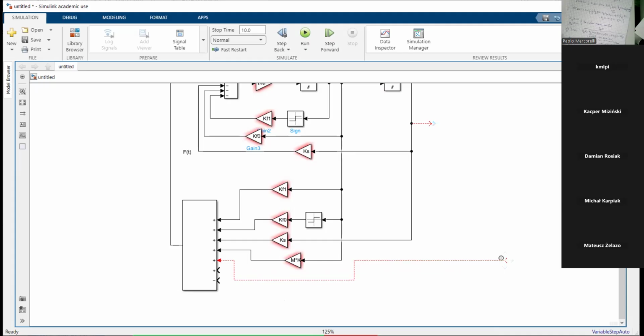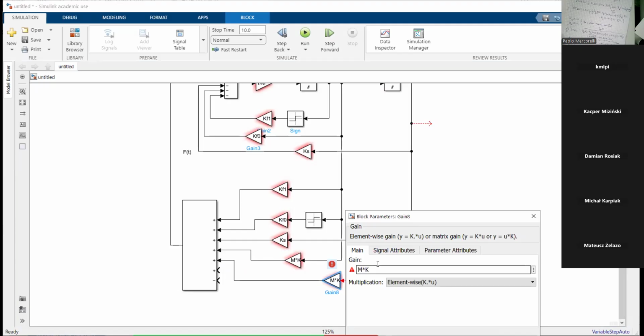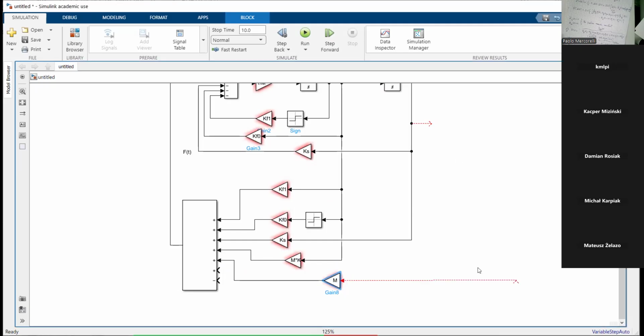This means we have to consider here m multiply x2 derivative, x1 derivative, excuse me.